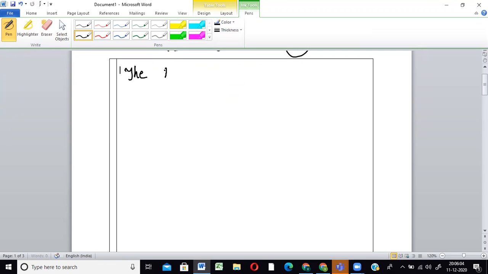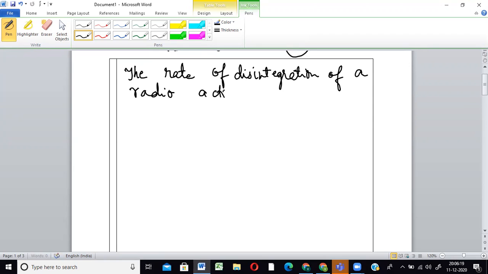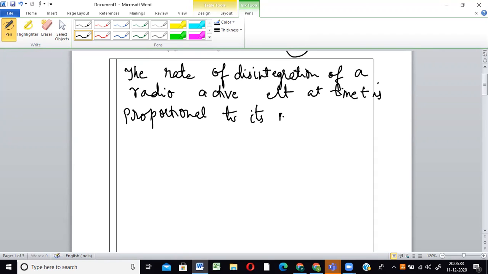So the question goes like this: the rate of disintegration of a radioactive element at time t is proportional to its mass at that time.